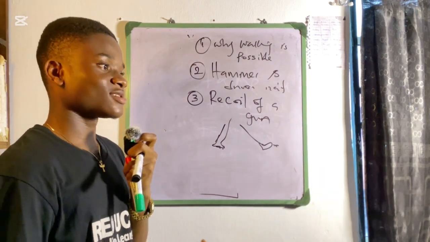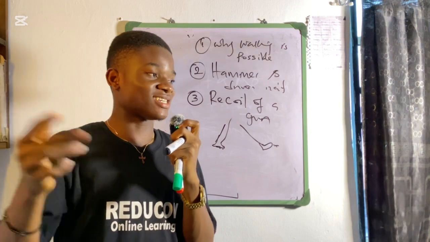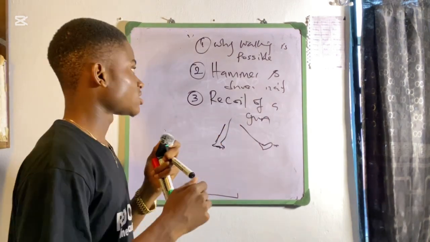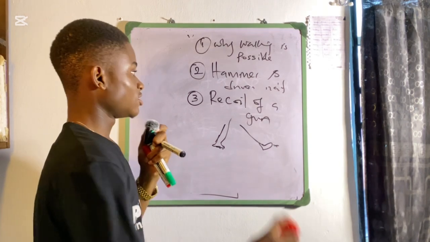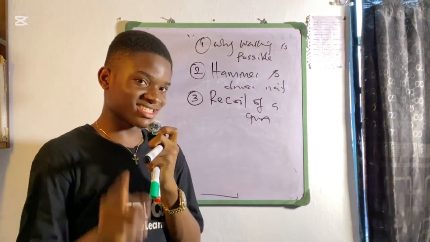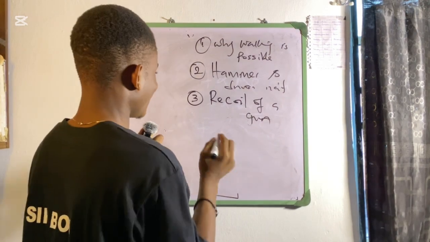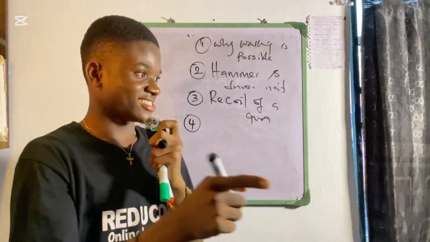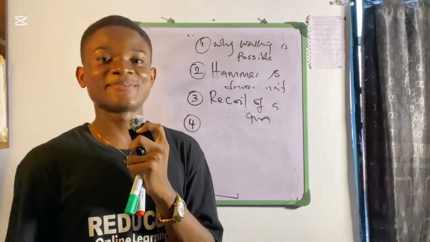And sometimes new guys that don't know how to shoot a gun, this force can actually push you back because it comes with so much force. So you can actually try to shoot a gun, but don't do this at home. Don't test it on a human being. Please don't get a gun.